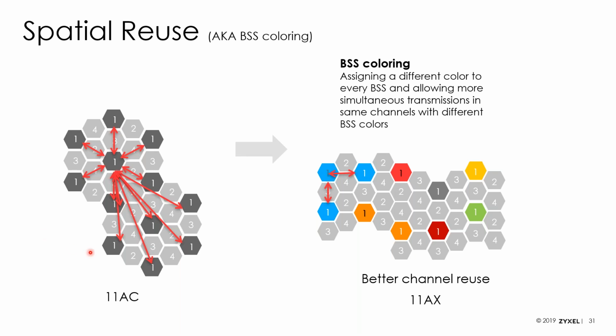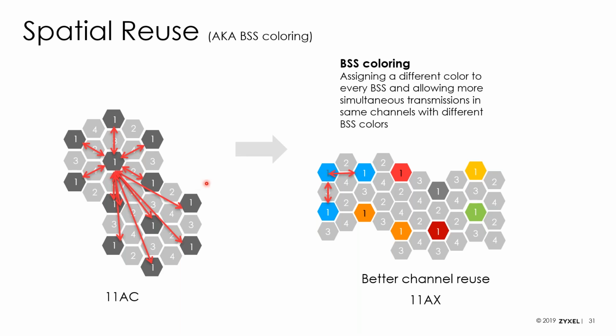So if we check the explanation on the left-hand side, we have APs on channel 1, meaning that each and every AP that is visible to each other, not only do they have to wait until the air between the AP and the client is free, but they need to wait until the other APs are quiet as well before the transmission. So no 2 devices can talk at the same time on the same channel.